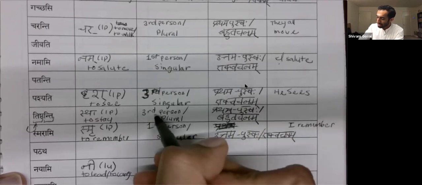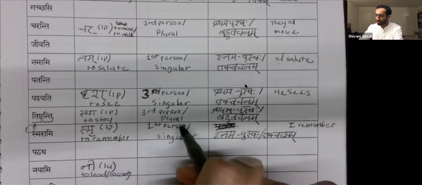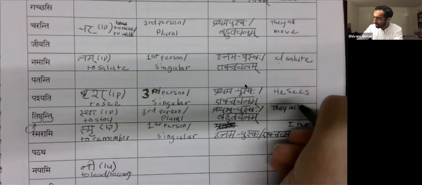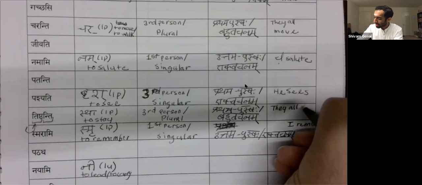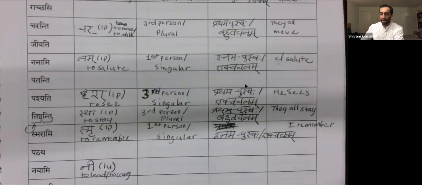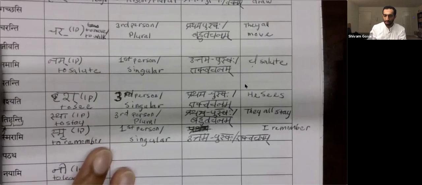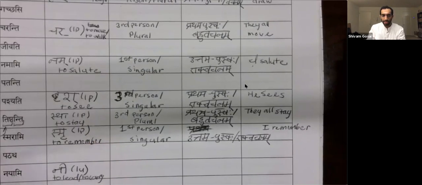And I know it's third person, so I'm talking about someone else, and it's plural. So I'll say, they all stay. They all stay in the house. They all stay in the forest, etc. So I would say, Purushaha grihe tishtanti, right? Purushaha, the people, tishtanti, stay, grihe, in the house.